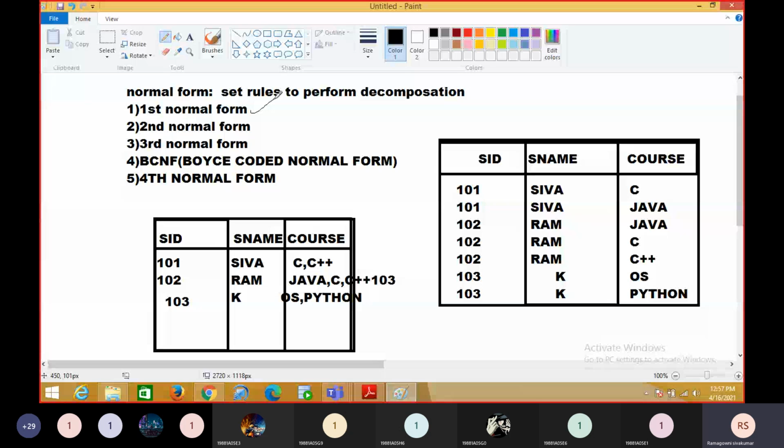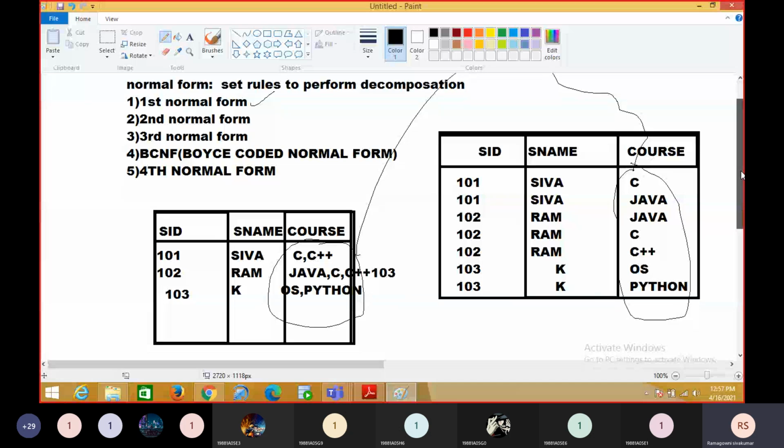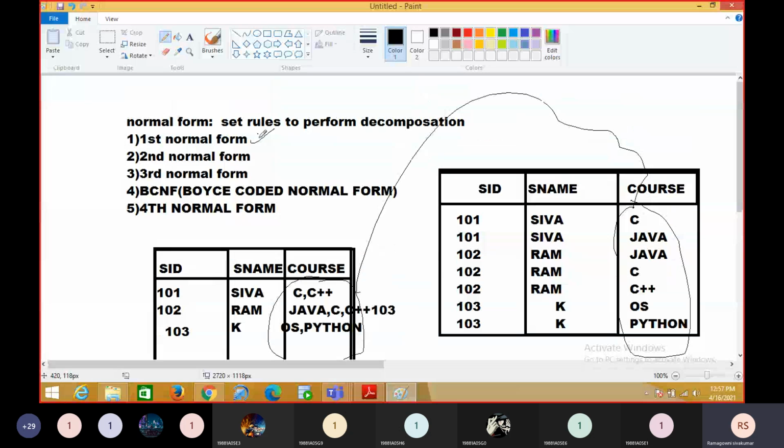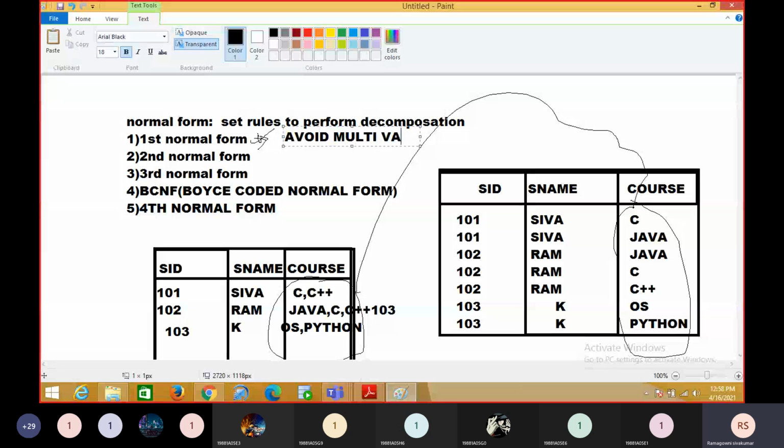Okay, second normal form. In first normal form we are avoiding multi-valued attributes. You can write like this: avoid multi-valued attributes.